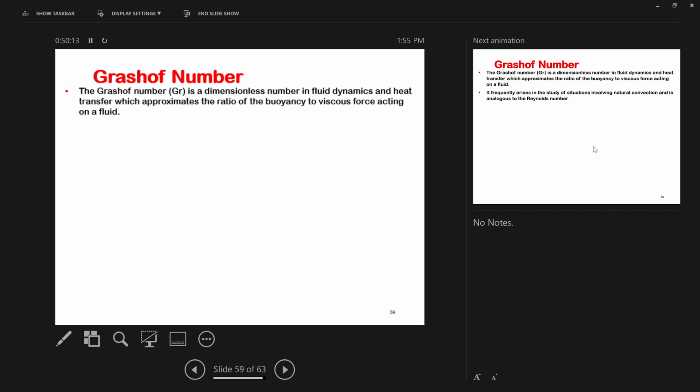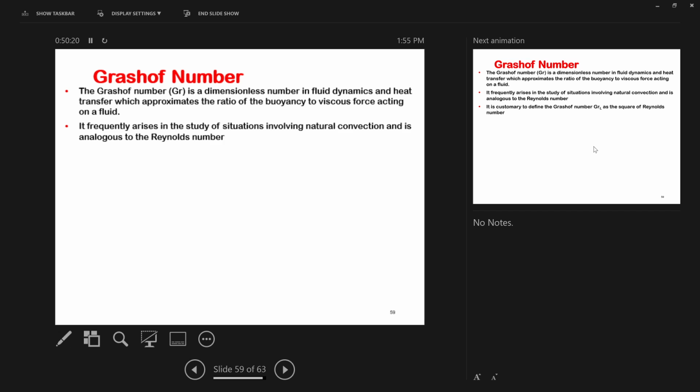The Grashof number is a very important number when you're dealing with natural convection. It approximates the ratio of buoyancy to the viscous forces acting on a fluid. So essentially, it's analogous to the Reynolds number in a forced convection system. In a natural convection system, we don't really calculate the Reynolds number.